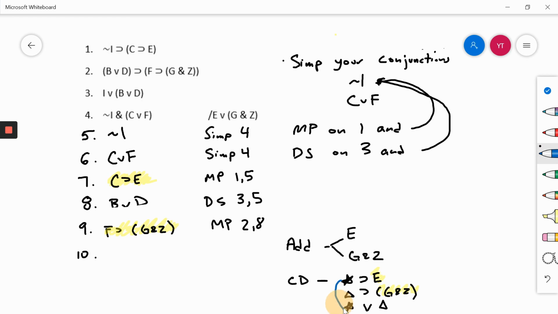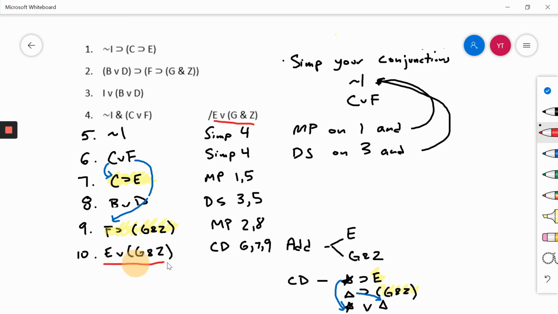And you know to look for a disjunction with those antecedents as disjuncts. And what that means is that we're in a position to derive our conclusion using CD on lines 6, 7, and 9. And we're done.